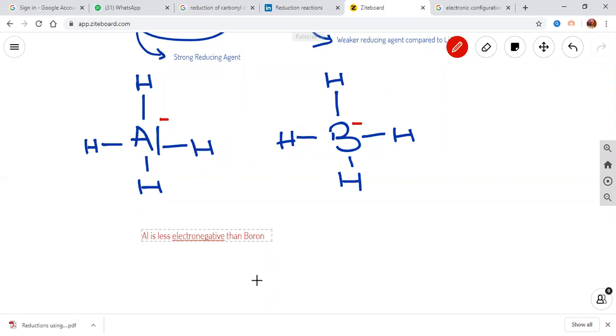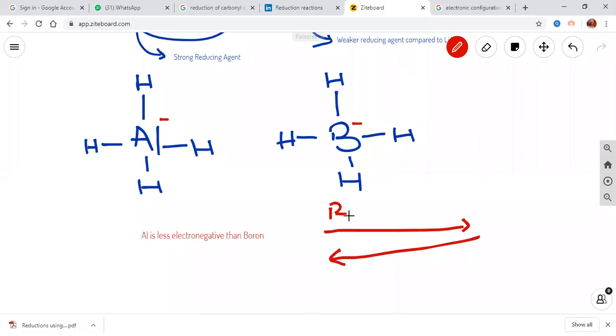If we see the periodic table, electronegativity increases from left to right, and the size increases from here to here. So boron, aluminium. So boron is more electronegative than aluminium.